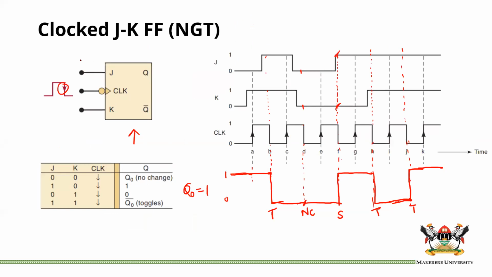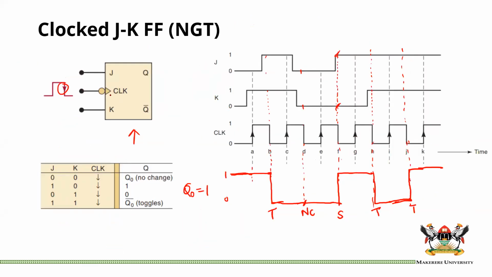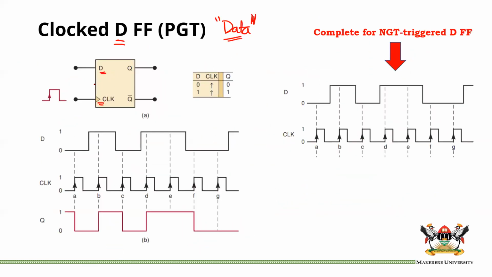It's not similar to these others we've seen, which have two control inputs together with a clock. This one just has one data input. We call it D, hence the flip-flop, and we have the clock, and then we have our two outputs out of the flip-flop, which is the normal output and the inverted output.